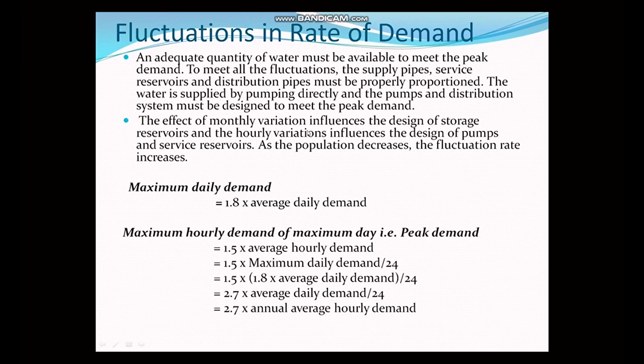The effect of monthly variation influences the design of storage reservoirs, and the hourly variations influence the design of pumps and service reservoirs. As the population decreases, the fluctuation rate increases. The maximum daily demand can be computed as 1.8 times the average daily demand, and the maximum hourly demand of the maximum day, that is the peak demand, can be calculated as per the following formulas.